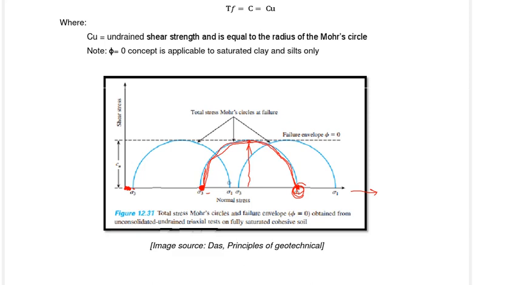So, on the same soil, we have one Mohr circle that is no greater than our undrained. So, we have one Mohr circle here.